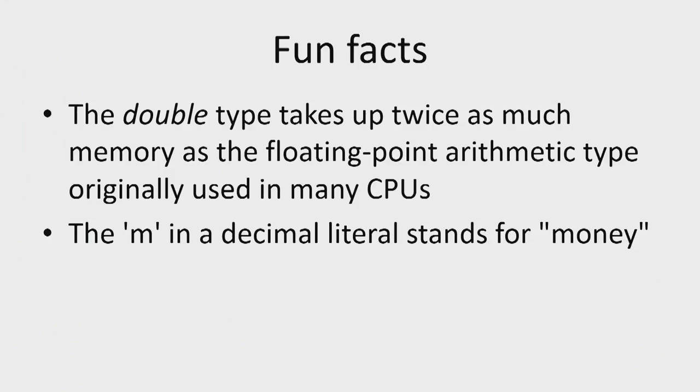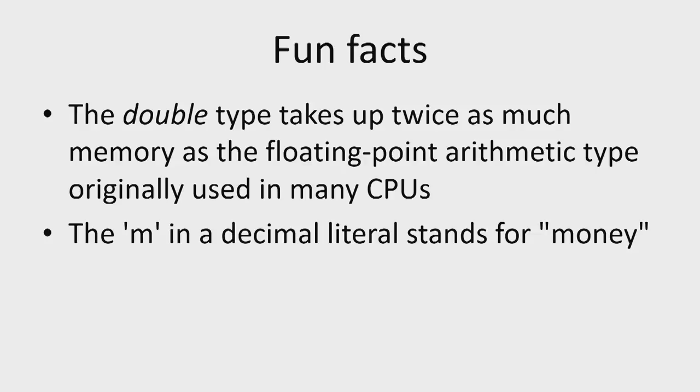You might wonder, why is double called double? That's kind of a strange way to say this is a fractional number. This is, again, for historical reasons. There was a previously used floating point arithmetic type used in many CPUs. It exists in C#. It's called float, which kind of makes sense. The double type is a floating point type that takes up exactly twice as much memory as the normal floating point type, and so it was called double.